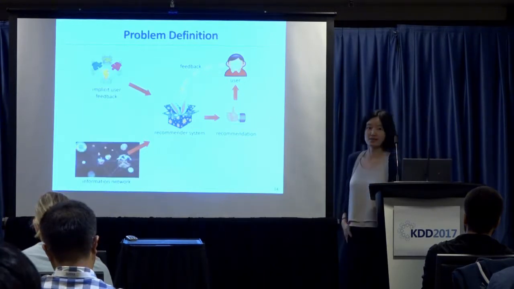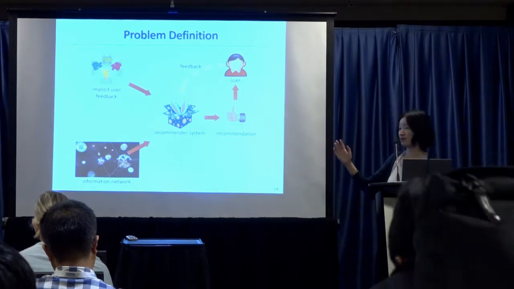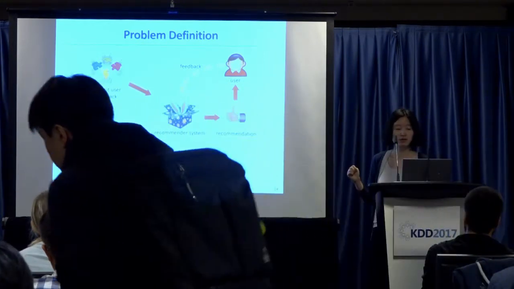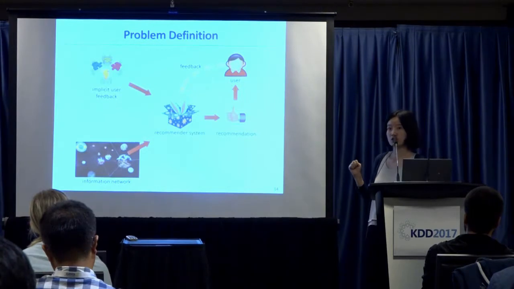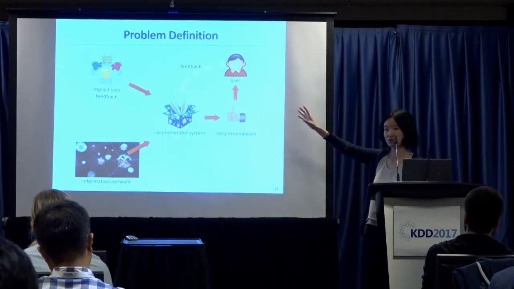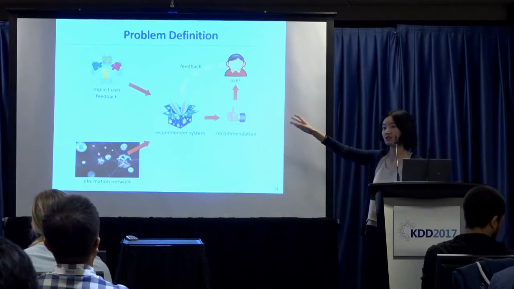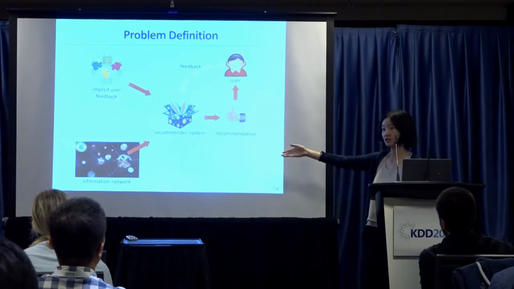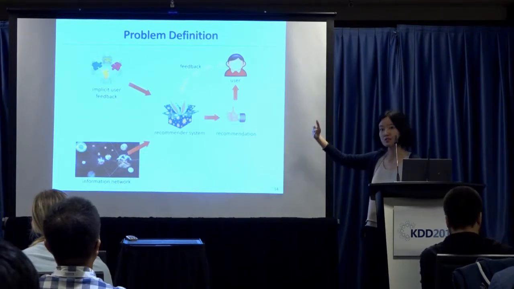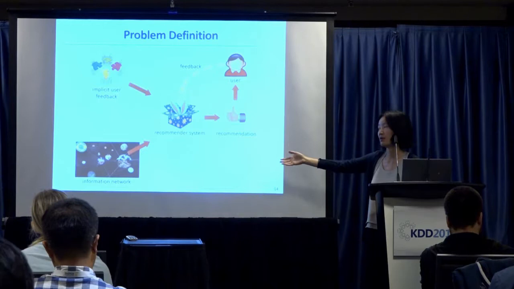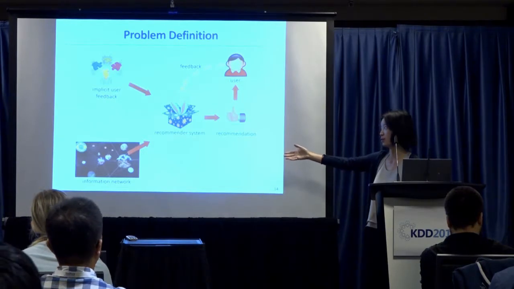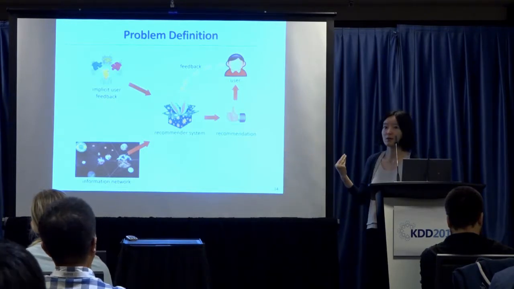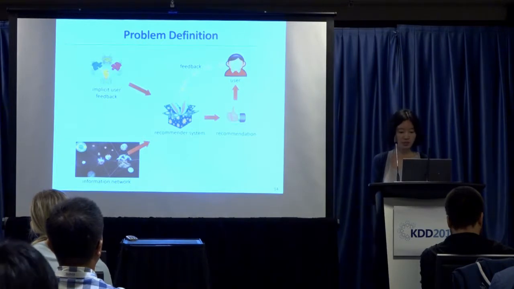So in our case, for part 2, we try to integrate 2 types of information. One is the user-item interaction, which is why we still call it collaborative filtering. The second type is this additional external knowledge, represented by a heterogeneous information network. Let's see how we can combine the 2 to do better recommendation.